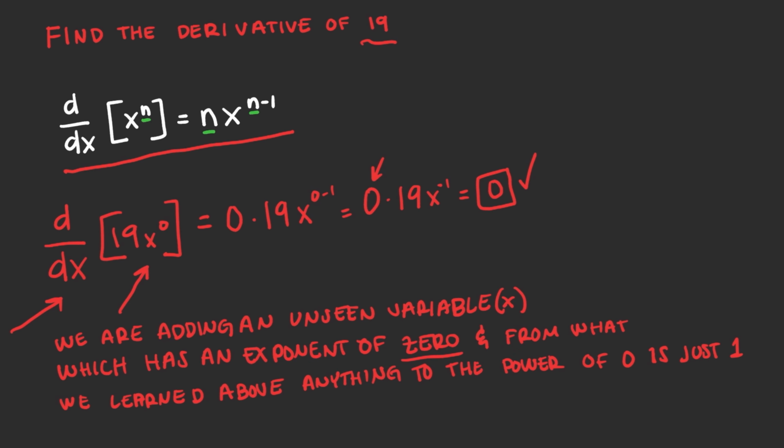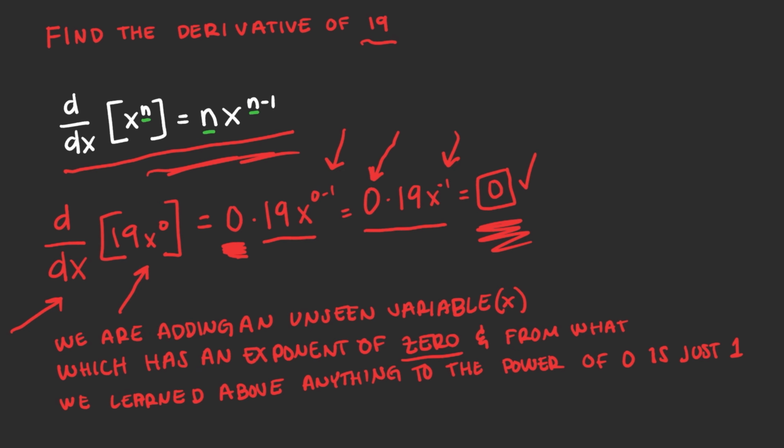So if we apply our original formula and we bring that 0 down, it'll look like this. 0 times 19x, the original exponent 0 minus 1, which would simplify to 0 times 19x to the power of negative 1. But because we brought this 0 down right here, anything times 0 will just equal 0.